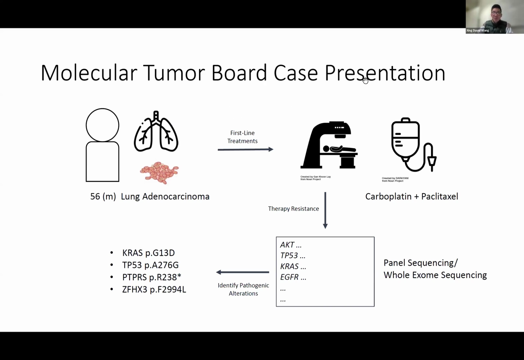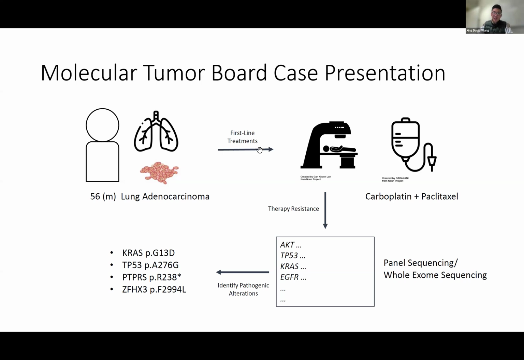Molecular tumor boards usually deal with cancer patients who have gone through many first or even second line treatments. In our example, there's a 56-year-old lung adenocarcinoma patient who has already gone through chemotherapy with carboplatin and paclitaxel and is now shown to be therapy resistant.